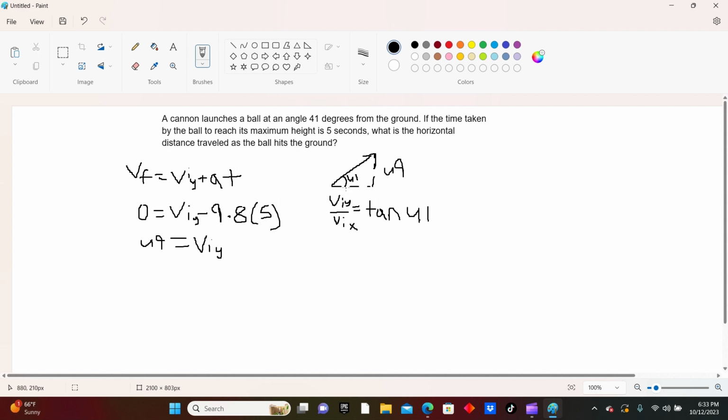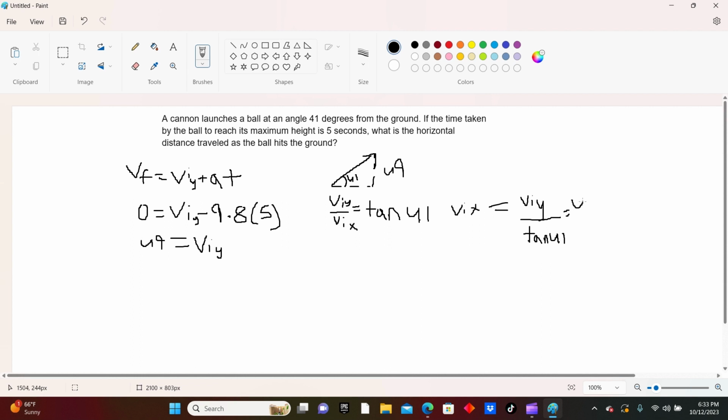So this horizontal component, we want to solve for that. So VIX would be equal to VIY by tan 41. And VIY we solved for was 49.